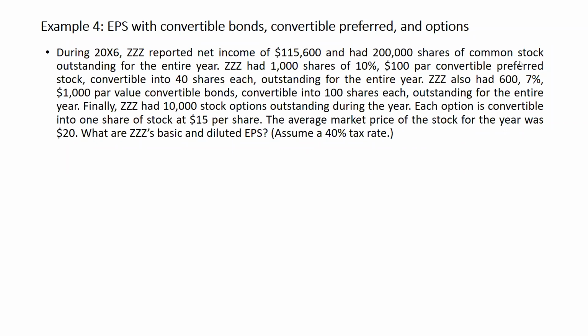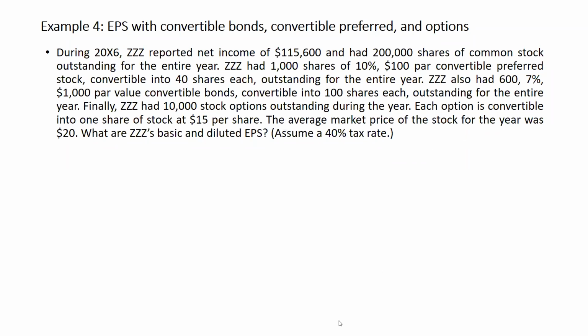Triple Z had 1,000 preferred shares convertible into 40 shares each, and also 600 bonds at 7% with a par value of $1,000, convertible, each bond into 100 shares, outstanding the entire year. And finally, Triple Z has 10,000 stock options outstanding during the year. Each option is convertible into one share, one-to-one, at $15 per share. The average market price of the stock was $20. So what are the basic and diluted EPS? Assume the tax rate is the same, 40%.